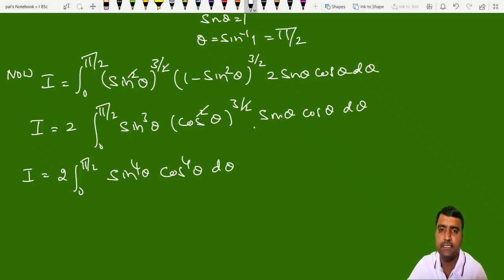To evaluate this, we have to use a reduction formula. Which reduction formula are we using here?